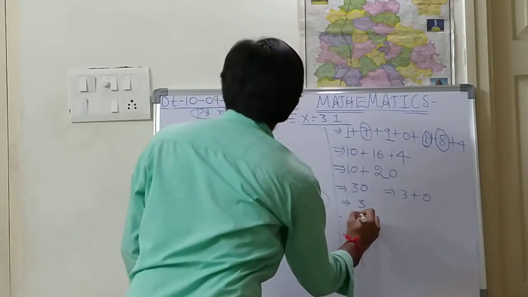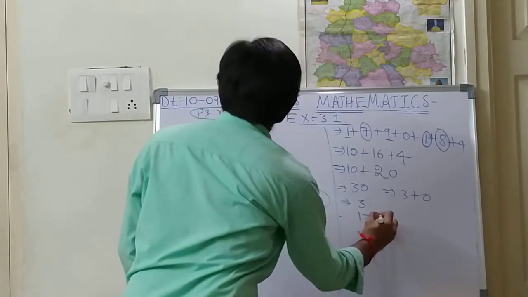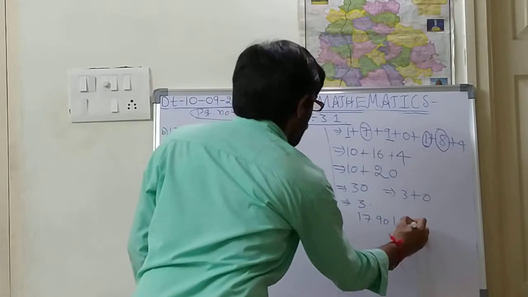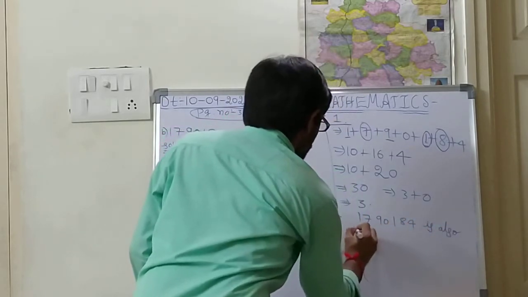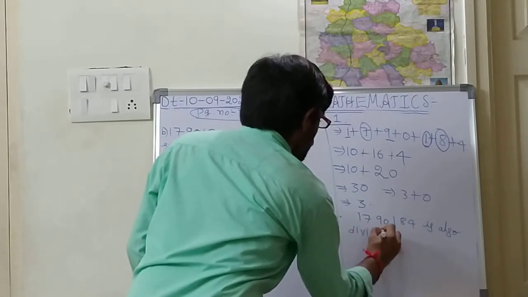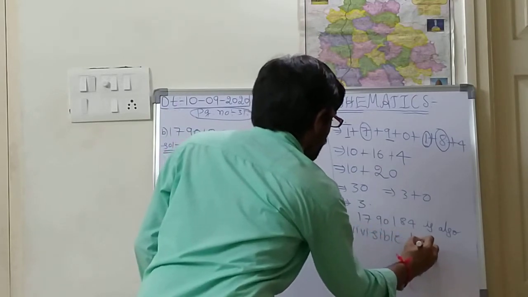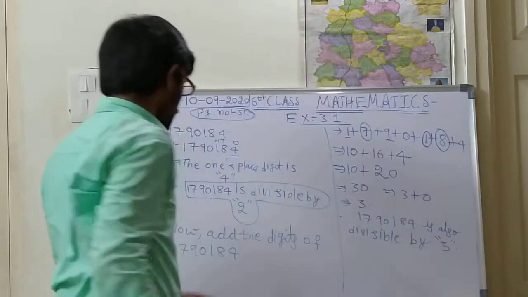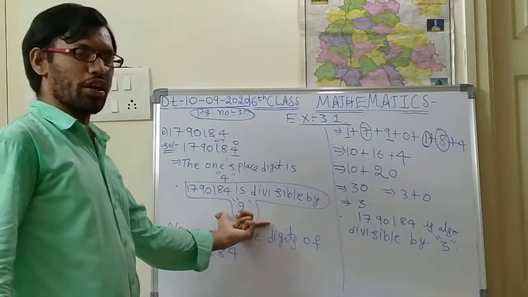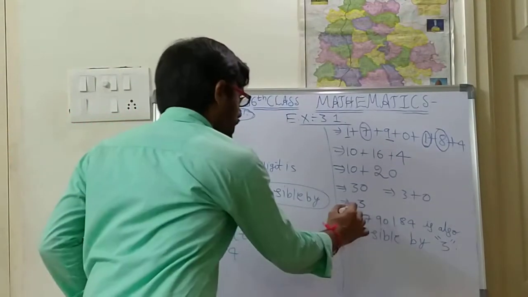Therefore 1790184 is also divisible by 3. Is it right, children? So this number is divisible by 2 and this is divisible by 3 also.